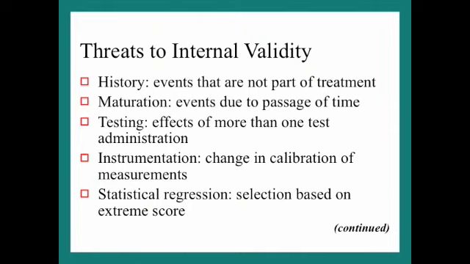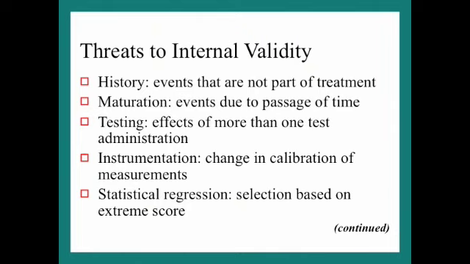That's one of the reasons why you have to report the instrument validity and reliability in Chapter 3. And it also can be that people may change over time, the people who are actually doing the test. The calibration may change over time.